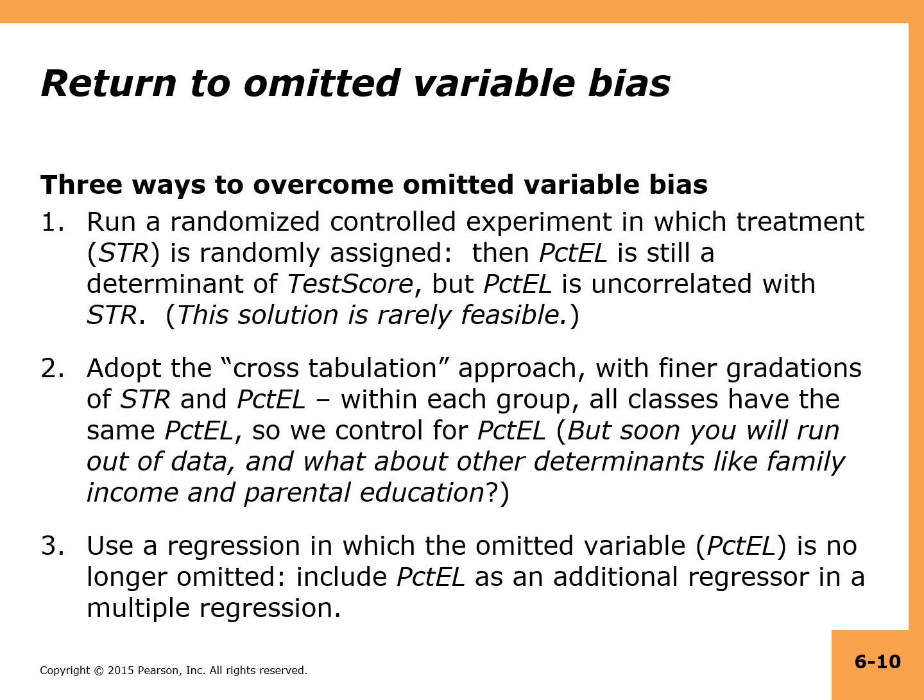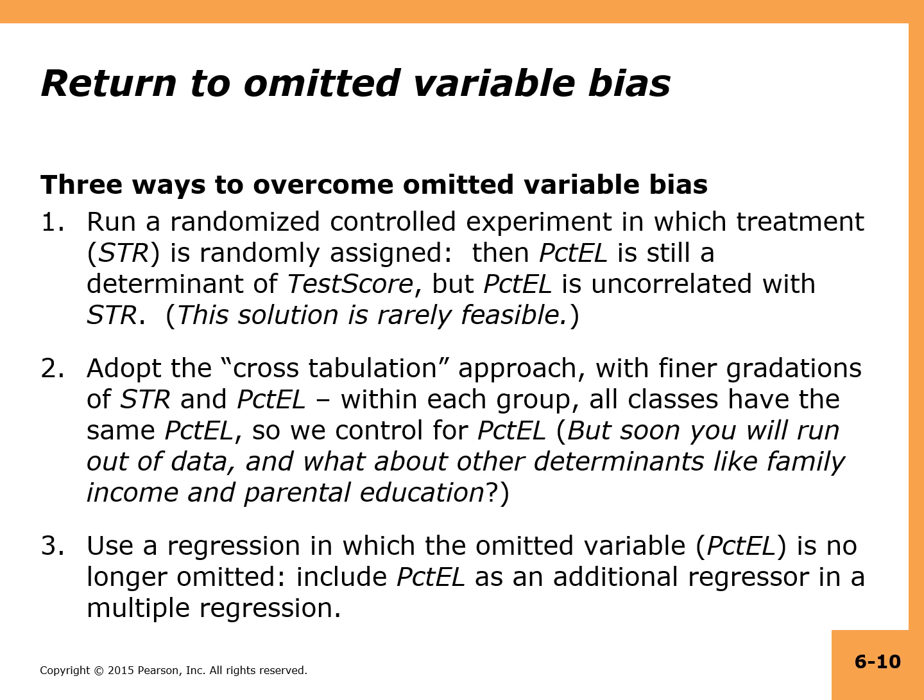The next approach that we can take is the cross-tabulation approach. In this case, we try to match schools that have the same share or percentage of English learners, and then compare the test score between large and small classes. The problem with this approach is that you may not find the exact match.